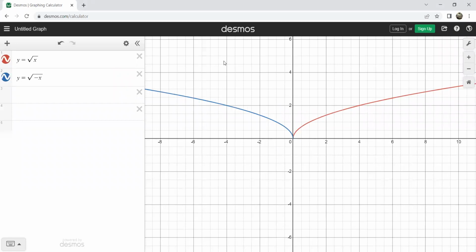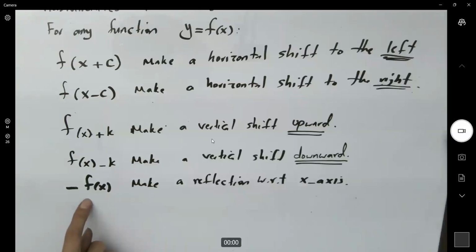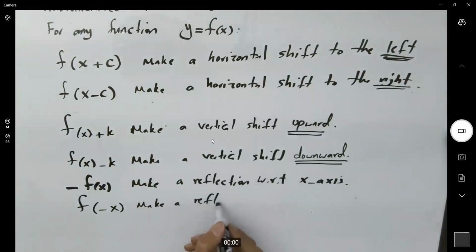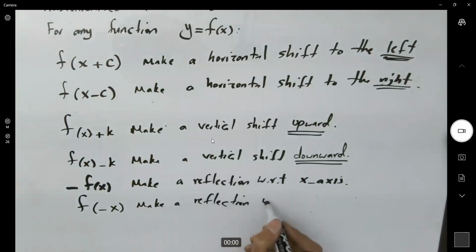So multiplying the y value by a negative sign gives you reflection with respect to x-axis. F of minus x makes a reflection with respect to y-axis.